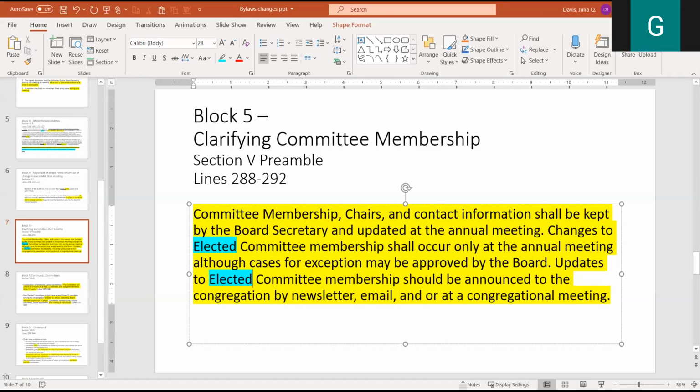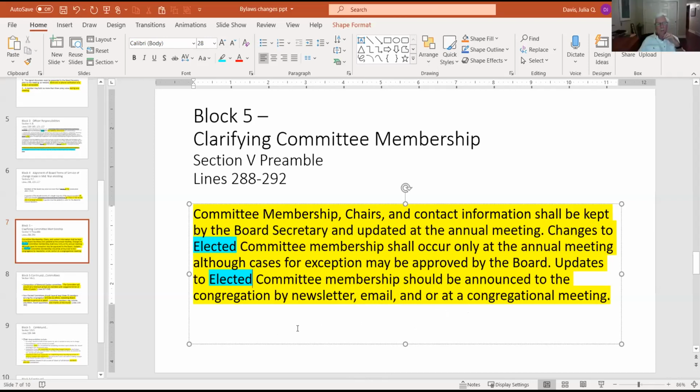I was just saying a lot of the committees that are not elected committees are very fluid. People come and go. And if every time people come in you have to take it to the board, and then that person comes for a while and then somebody else comes, they're in and out a lot of times. So that doesn't seem very practical. But if you're looking at the elected committees, then that definitely is more practical to expect to have it go through the board.